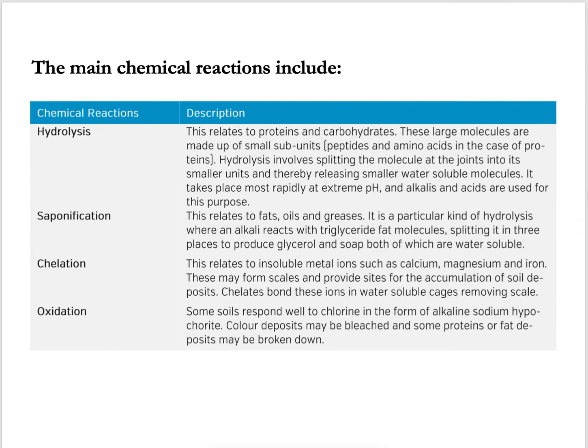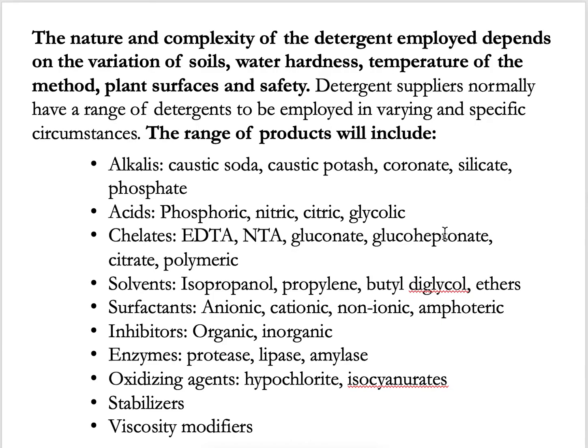And solvents: isopropanol, propylene; surfactants, which can be anionic, cationic, non-ionic, or amphoteric. Inhibitors, organic and inorganic, can also be used as a part of the detergent. They can inhibit the growth of unwanted organisms.